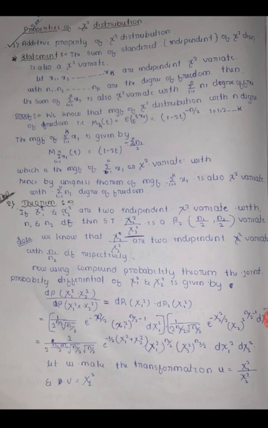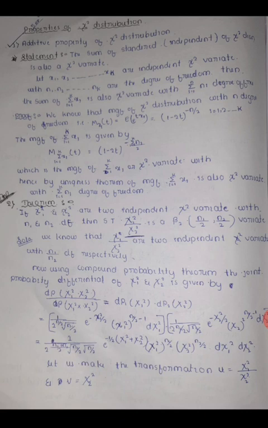Similarly, the second term is 1 by 2 raised to n2 upon 2 gamma of n2 by 2, e raised to minus chi2 square upon 2, chi2 square raised to n2 upon 2 minus 1, d chi2 square.